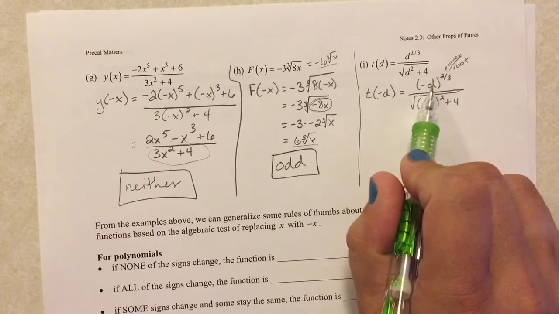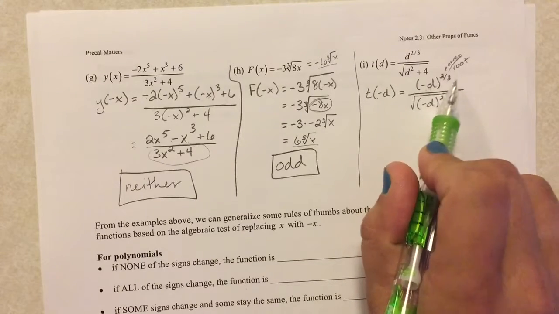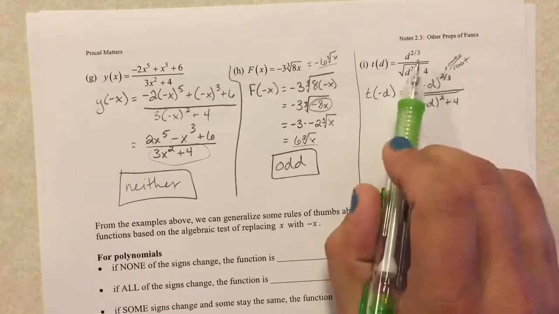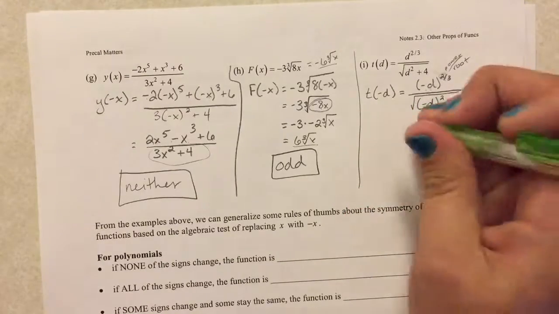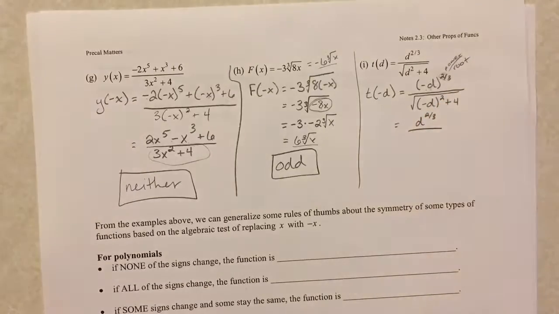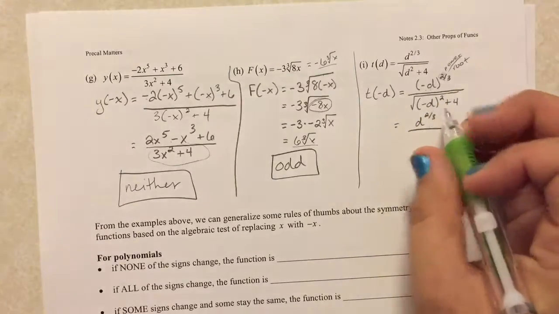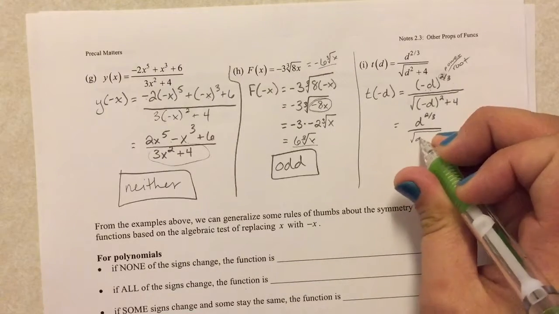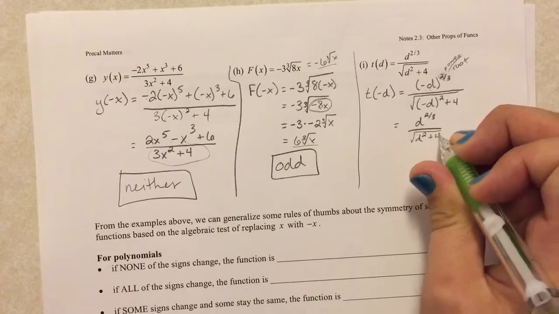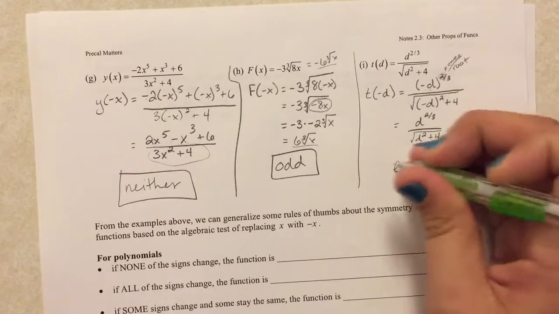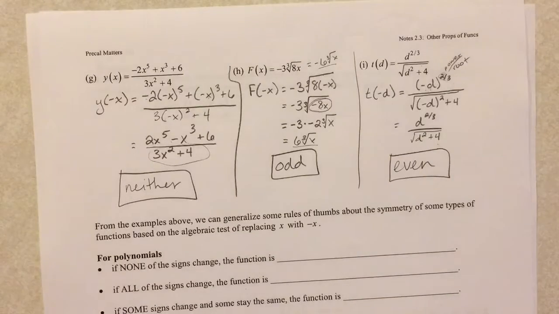So the negative d to the 2/3 power, because one of these numbers is even, is going to end up being the same thing as positive d to the 2/3 power. So I'm left with what I had originally on the top. Okay? The denominator, if I have negative d and I square it, that becomes positive d again. So this is positive d squared. So I have the same thing that I had when I started. So this problem is even.